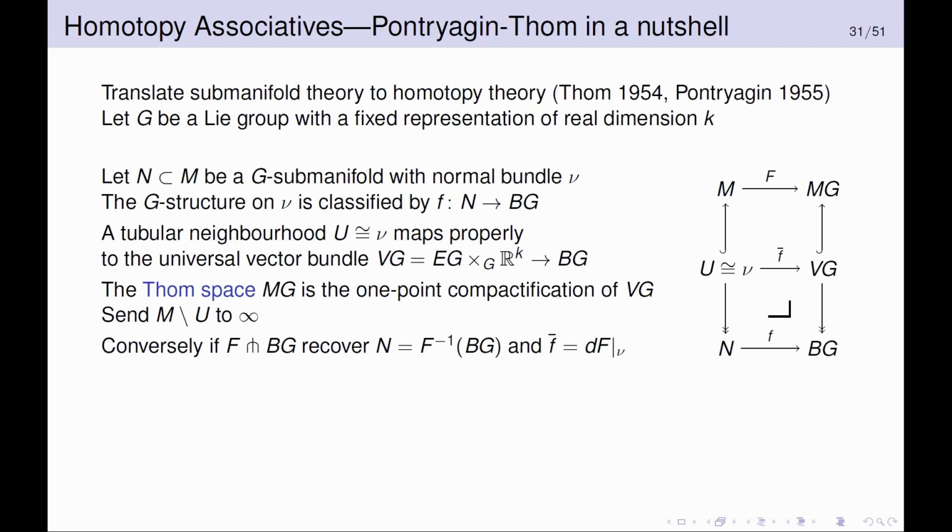And you are exactly in the situation we had here. And so what Pontryagin and Thom really proved was, if you take cobordism classes of submanifolds with normal structure G in M, call this Ω^k_G(M), then this is isomorphic to the set of homotopy classes from M with an extra base point to the Thom space M_G.